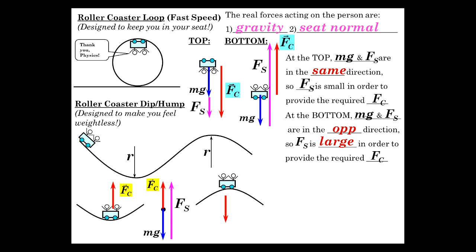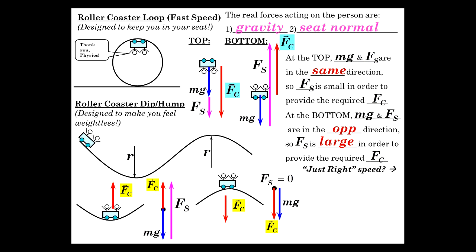Now up at the top, it's designed in such a way that the Fc, the sum of the forces acting down, is uniquely provided by gravity, because the support force is 0. So this is actually the real force that provides Fc.